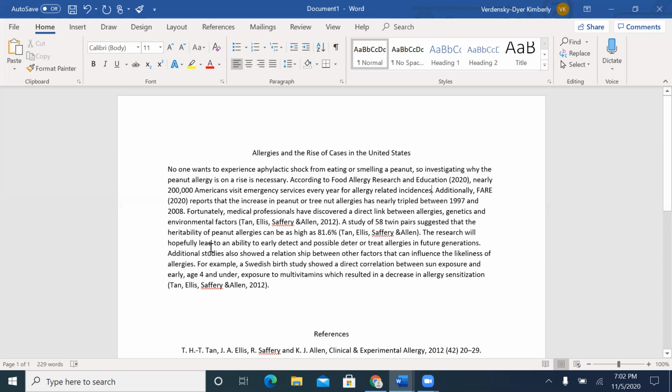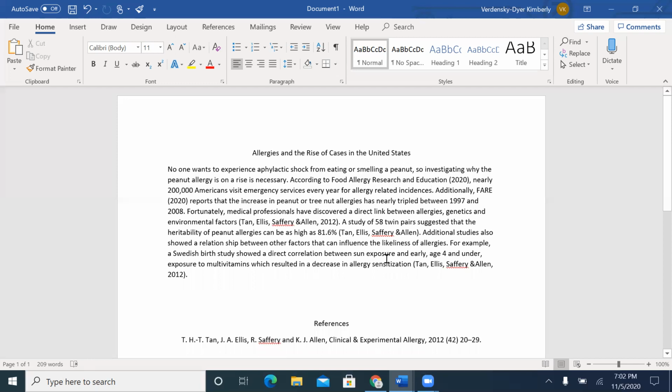The research will hopefully lead to an ability to early detect and possibly deter or treat allergies in future generations. Additional studies have also shown a relationship between other factors that can influence the likeliness. Okay, now I realize that this sentence doesn't really flow well, so I'm going to get that out of there.